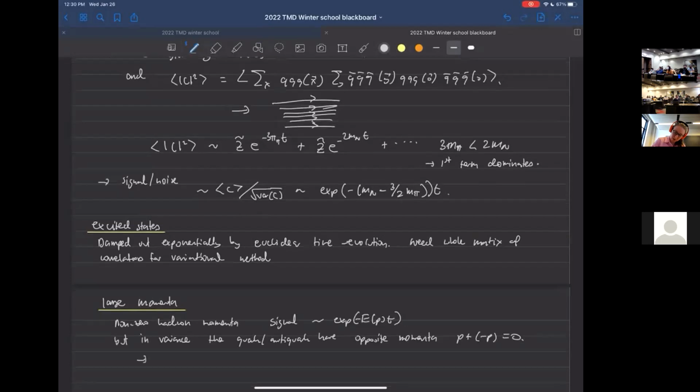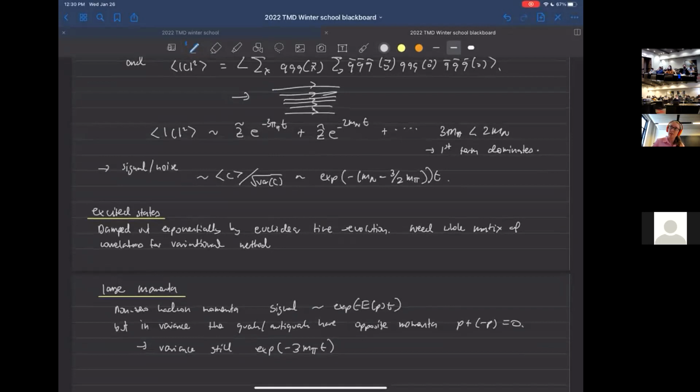So the variance is still the same. The variance still looks like e to the minus 3 m_pi t as the leading term.